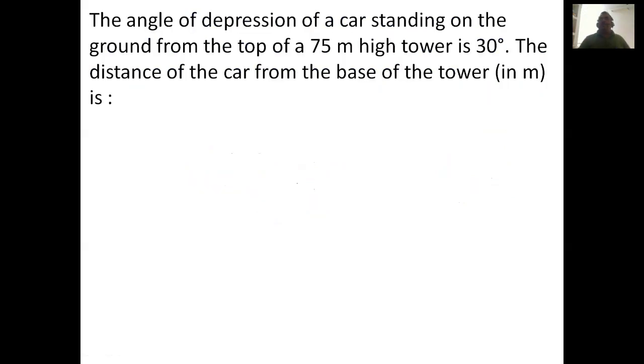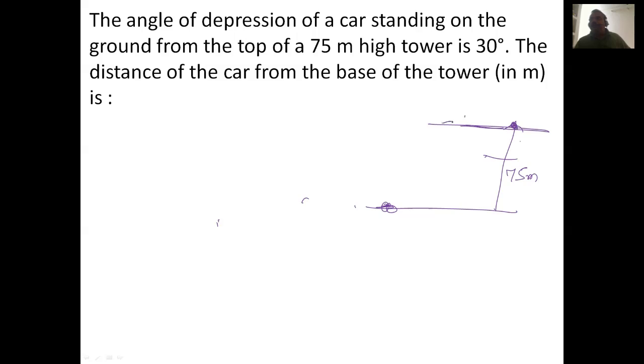Now the angle of depression of a car standing on the ground, from the top of a 75-meter high tower, is 30 degree. Means what is happening is that this is the ground, there is a tower which is 75-meter high, and we have a car here. From the height of the tower, the angle of depression means that this is the point where you have to draw a horizontal.